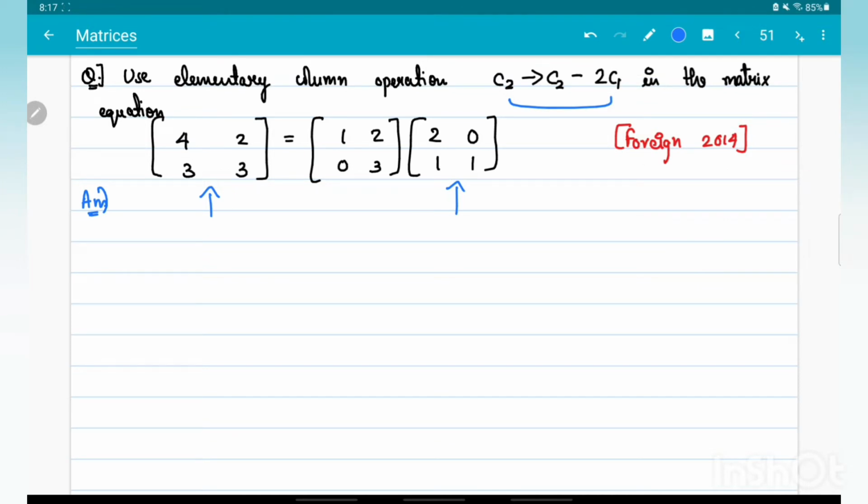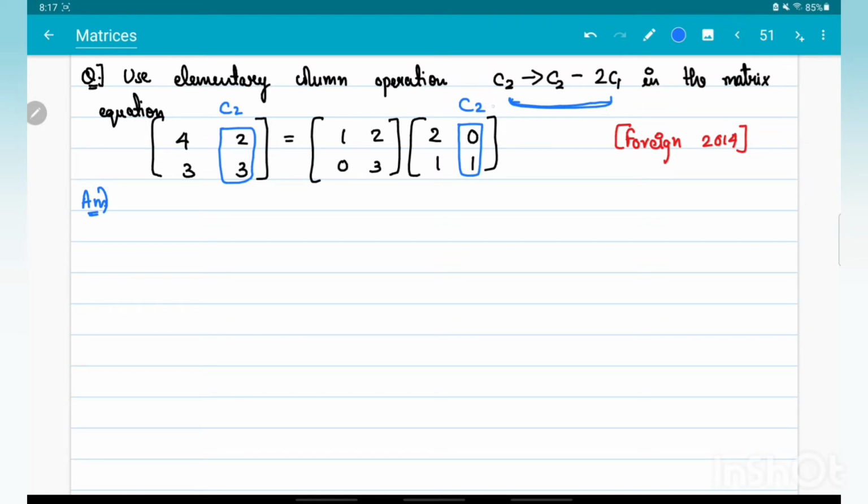Now we have to apply this column operation. What does the column operation say? It says that column 2 will be changed to column 2 elements minus 2 times column 1. This was one of our elementary operations, which I've explained in the previous videos also. This is my column 2. The elementary column operations will be applied on this matrix and on the second matrix.